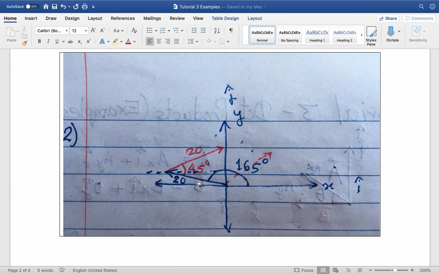If this is 15 degrees, this little part of the angle here should be 15 degrees as well, because it is an alternate angle, and the whole 45 degrees minus 15 gives us 30 degrees. So when we move this vector over here, that should make an angle of 30 degrees here.